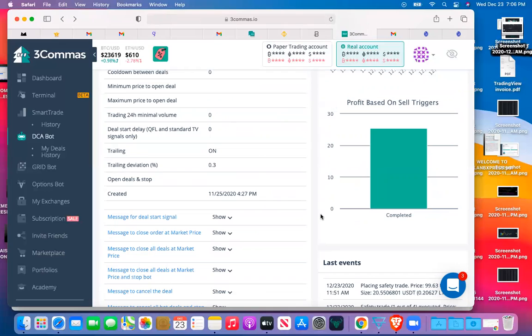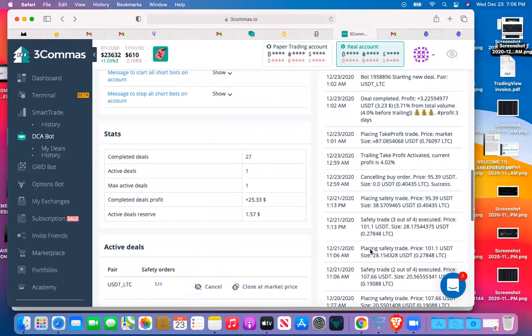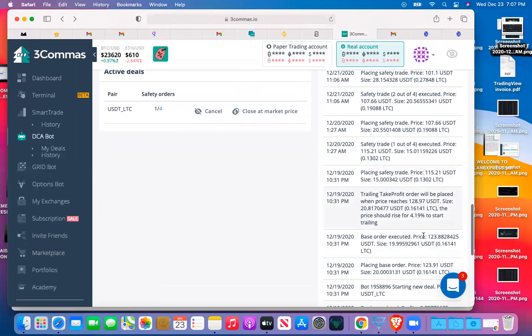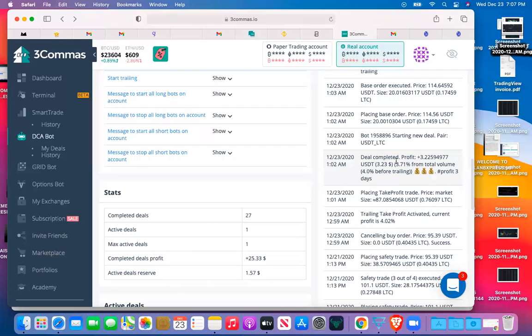So with the investment of $35, let's say the bot even makes use of $35. How do I know? Because in my safety trades, I have 4 safety trades, and it will only make use of 1. If you look at all the trades it has been executing, you can see it completed.